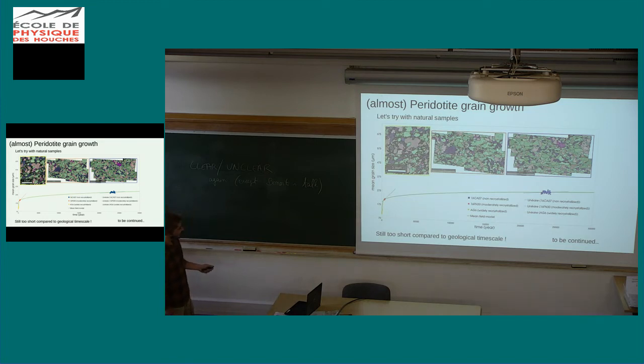Then we plotted our mean field model, and we tried to place the three grain growth kinetics within this curve. If we trust this model, we can say that this microstructure has not been deformed for 200 kilo years compared to this one. But this is still too short compared to the normal time for this evolution.